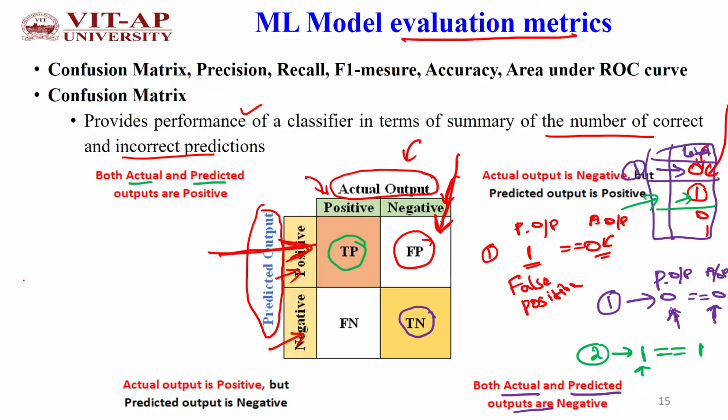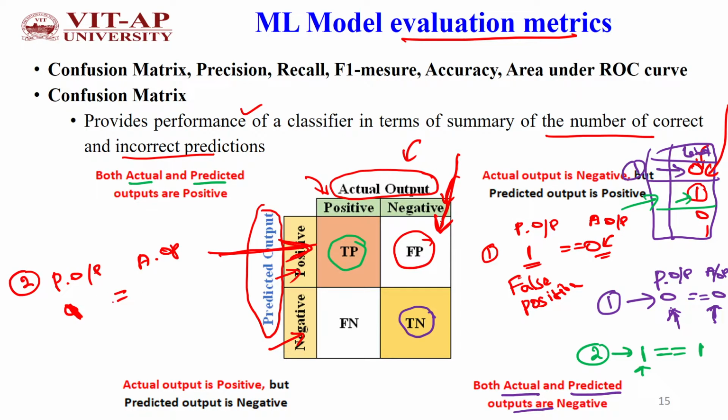Likewise, for the second sample, you look at that, my model's predicted output here is 0, that means negative, but my actual output is positive.